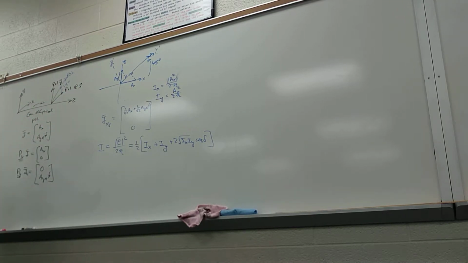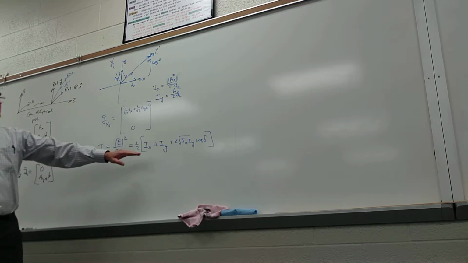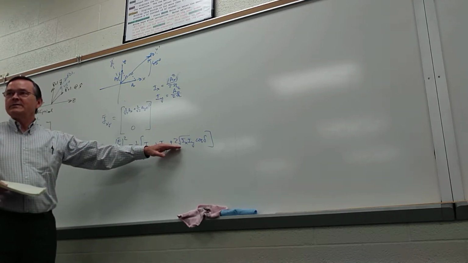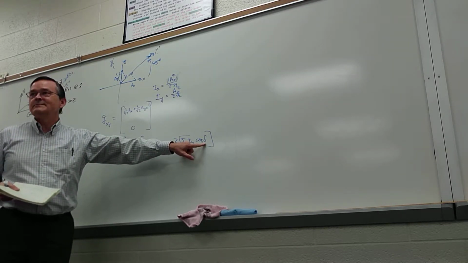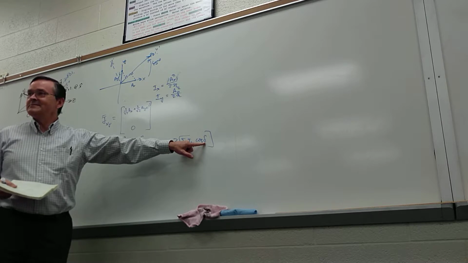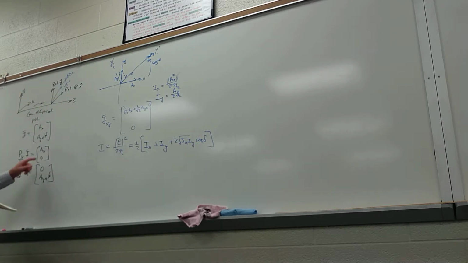Oh my gosh. Doesn't that look familiar? That's just the interference of two collinearly propagating beams. And notice what the phase difference is. Delta. The phase difference between the Y and the X components.